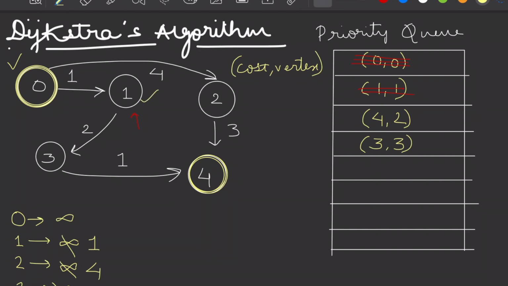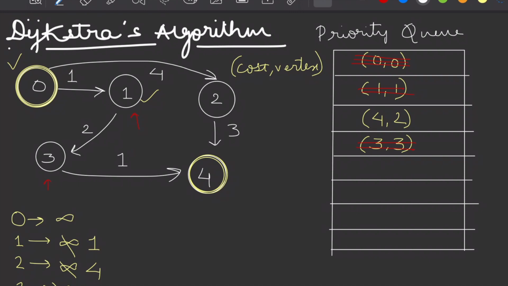And now let's try to pop the other value from the heap. And this is going to be 3 itself. So now we are at 3. Let's search for all its neighbors. So for 3, we can reach 4. Right, and what's the cost to reach 4? That would be the cost to reach 3 plus the cost of the edge to reach 4.